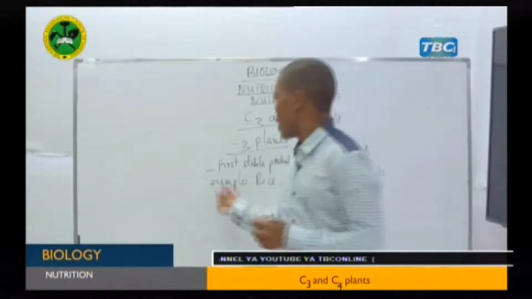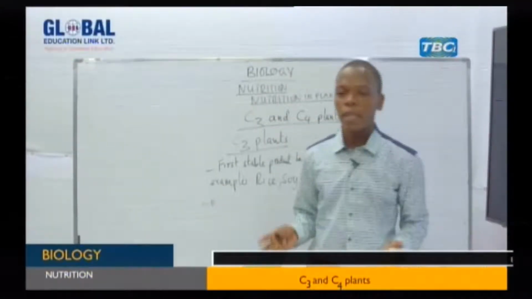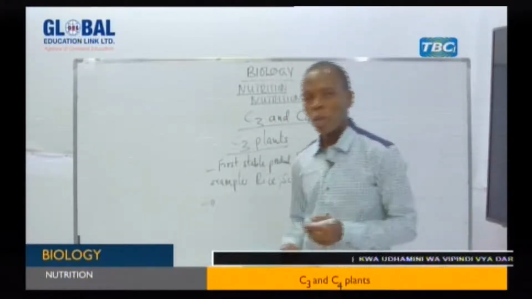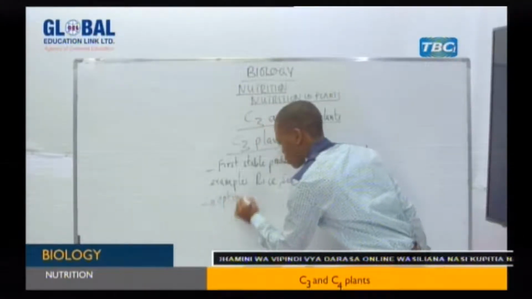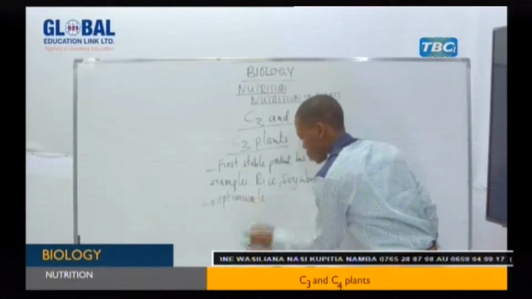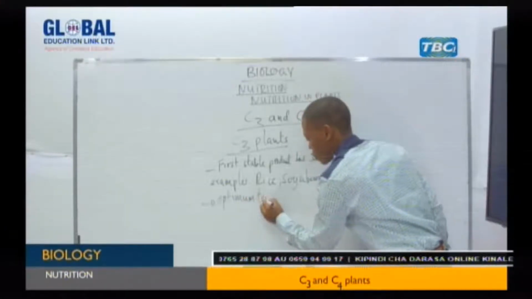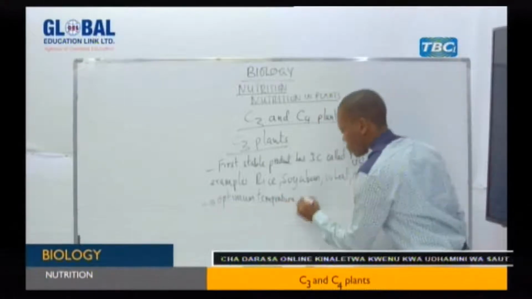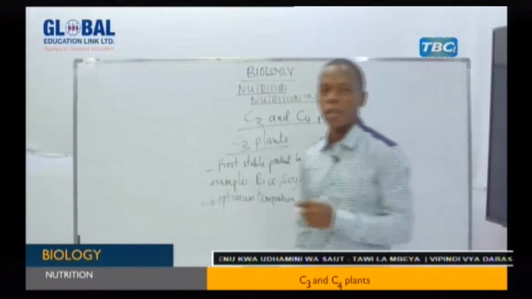But these C3 plants have a different optimum temperature for them to grow. The optimal temperature for most C3 plants is around 25 degrees centigrade.